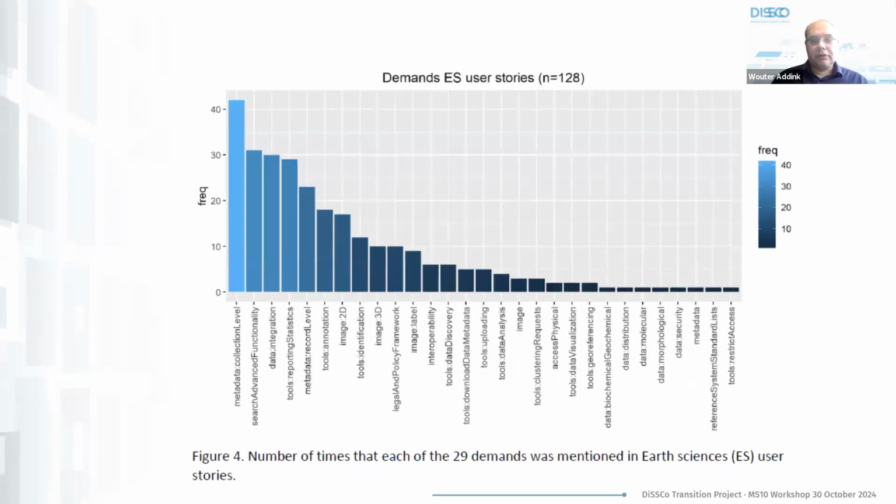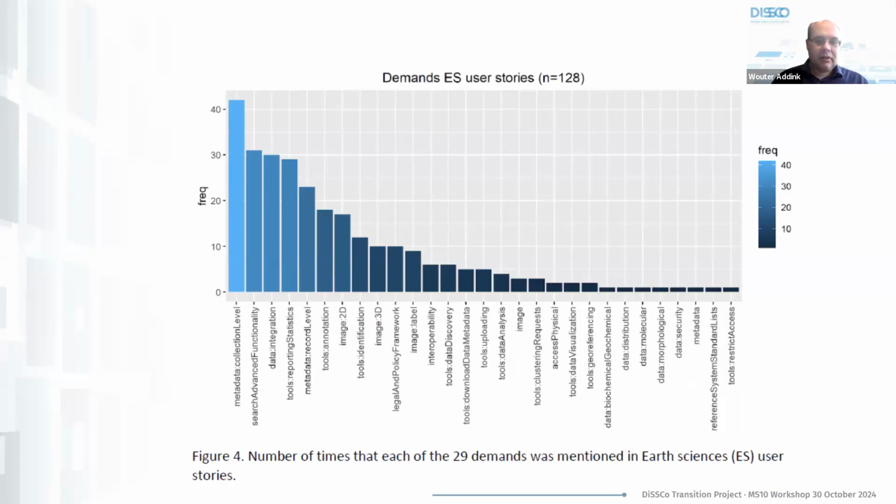So this is an overview of the earth sciences user stories. You see here that there is much more need for metadata at the collection level, and that's probably because there is far less information published about earth science collections than there is available online about the biological collections.